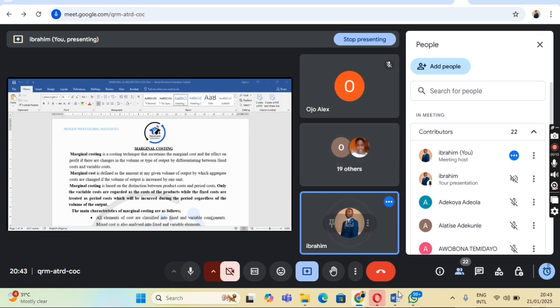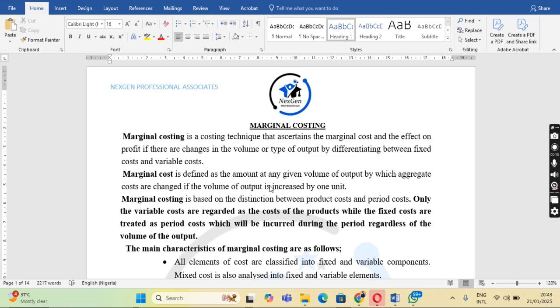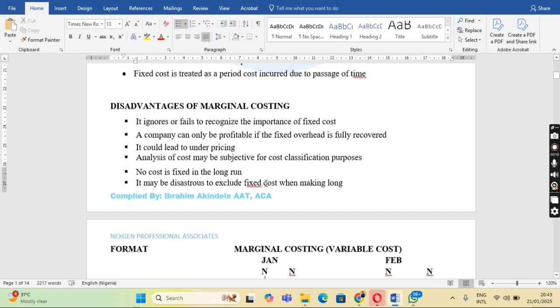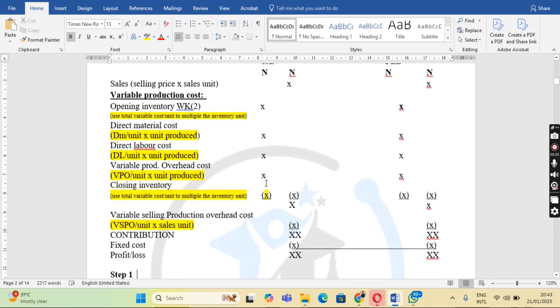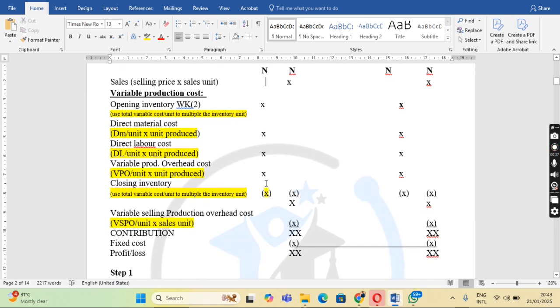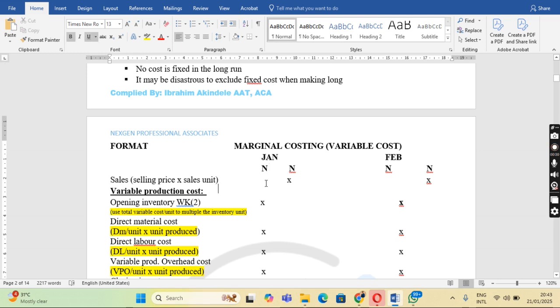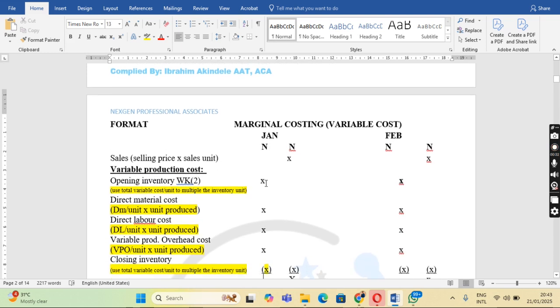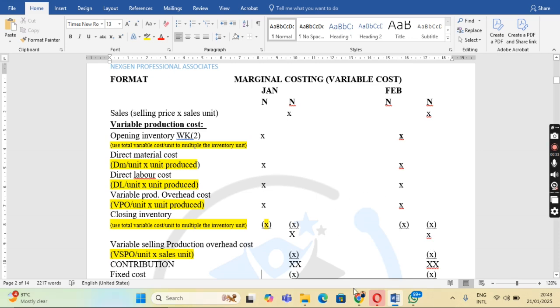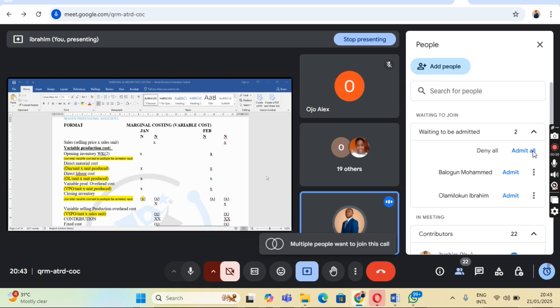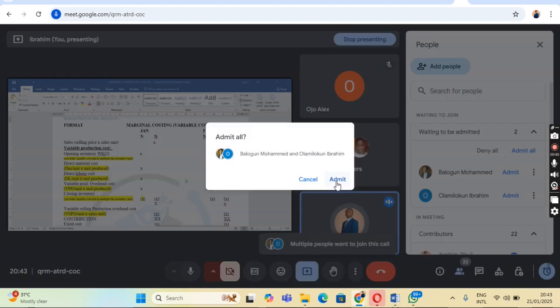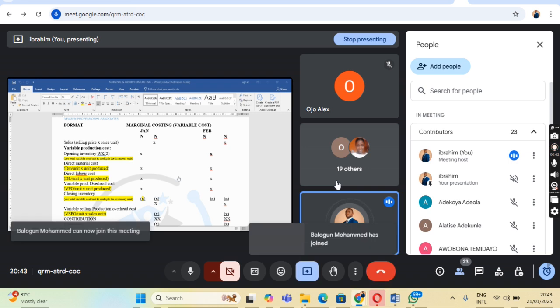In today's class, we shall solve a question on marginal costing. In our last class, we were able to bring out some formats for marginal costing, which can be seen on my screen. Now we need to look at an illustration.